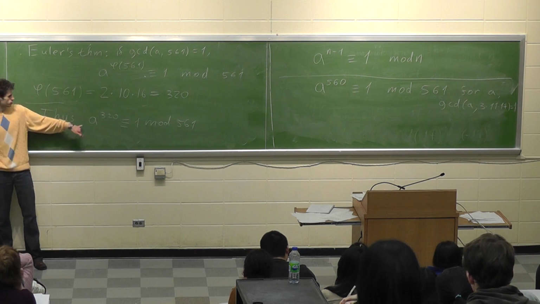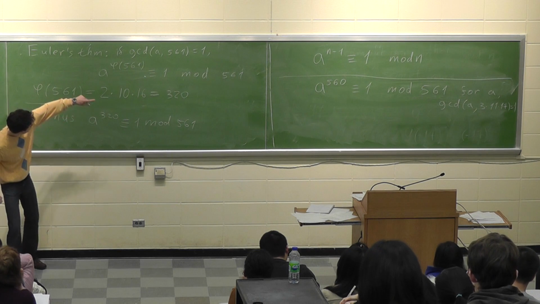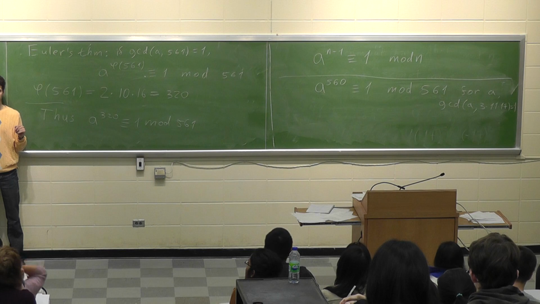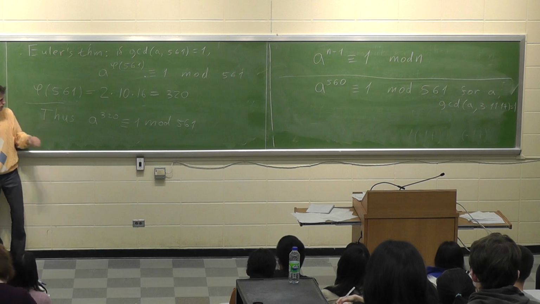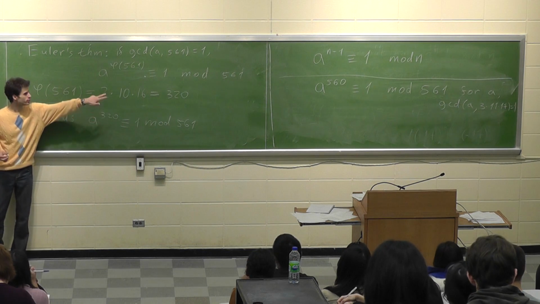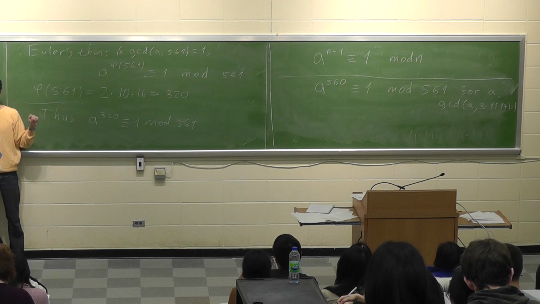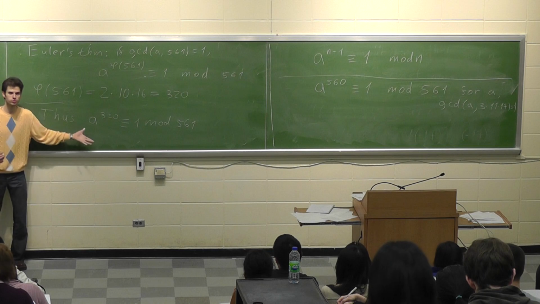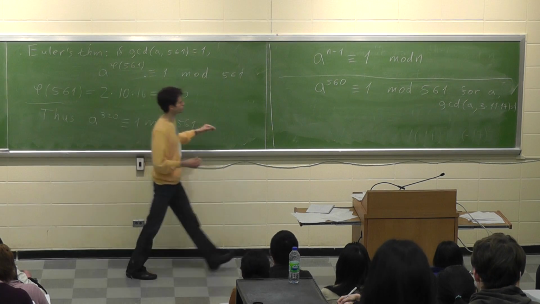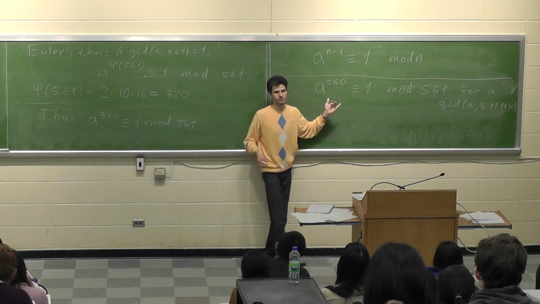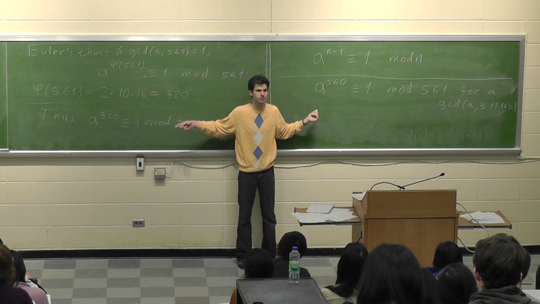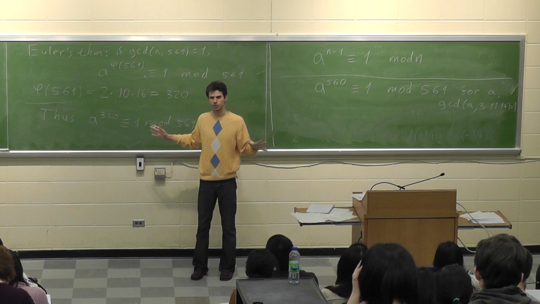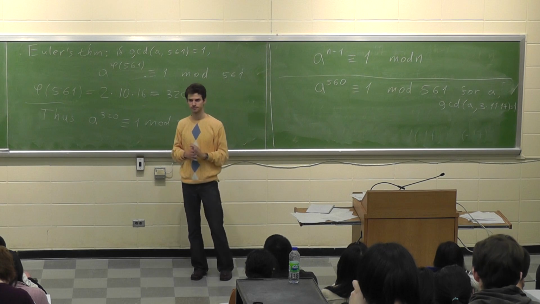And what I want to show is that a to the power 560 is congruent to 1. So I really don't see how to go from here to there. So Euler's theorem is just not enough. I mean, it is useful. It shows that instead of showing this statement, I can instead show that a to the power of the difference is congruent to 1. But still, it's not strong enough.